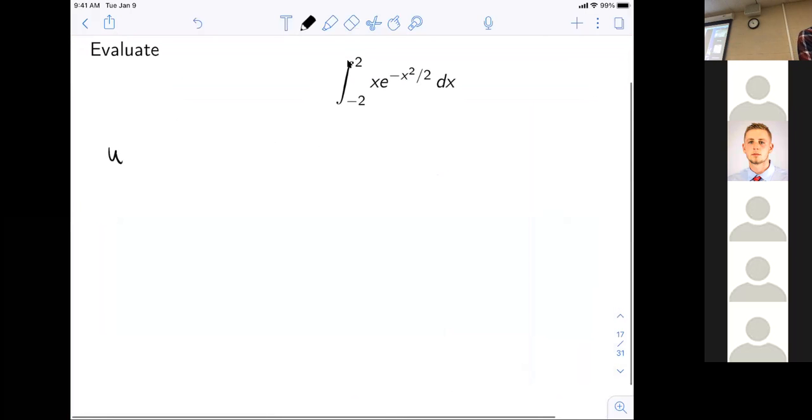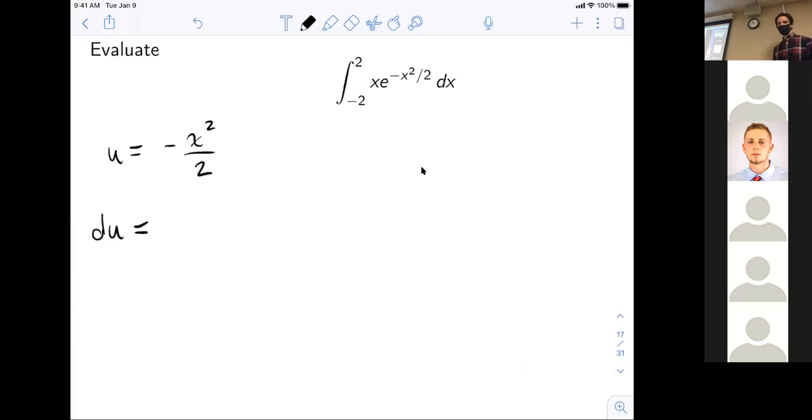What should u be? Negative x squared over 2. Yeah, exactly. Negative x squared over 2, right? And what's du going to be?